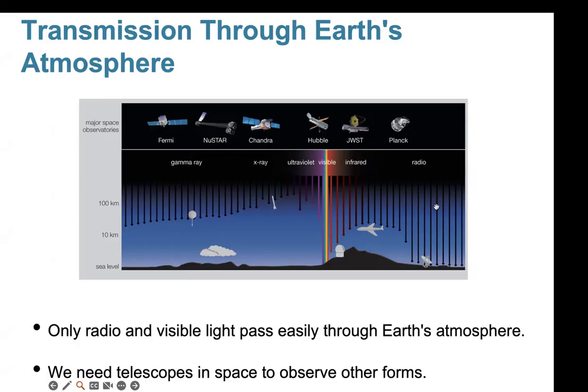And that works because if you go all the way up to the other extreme of the electromagnetic spectrum and you look at radio waves, you see that radio waves do penetrate the atmosphere because of their length and the fact they don't scatter very easily. They're able to pass through a gas with very little disruption.